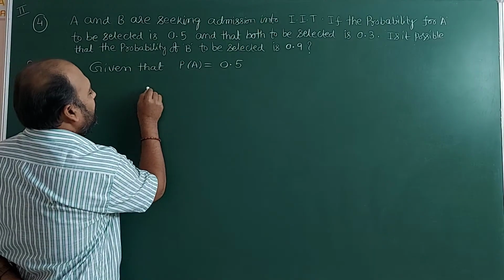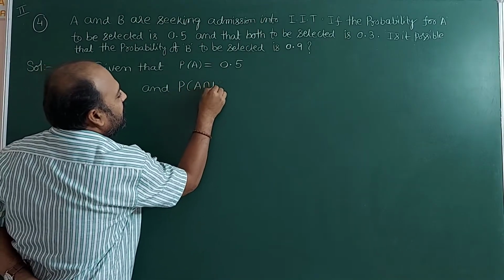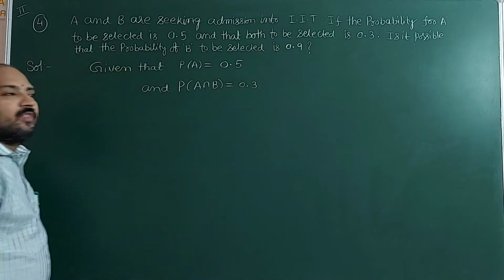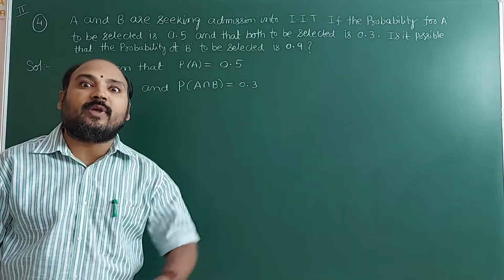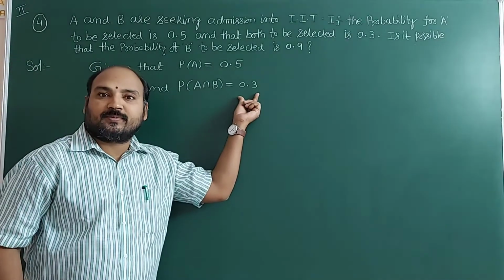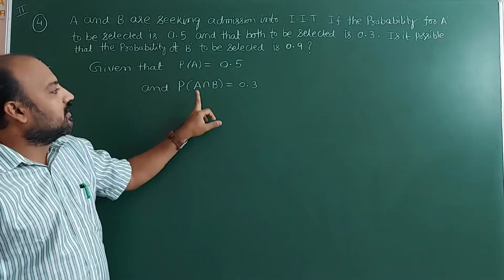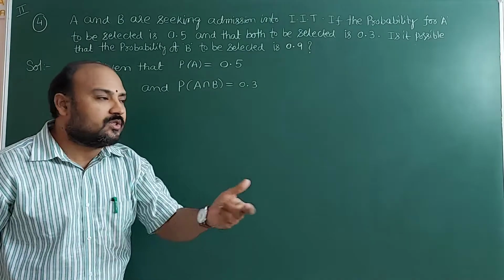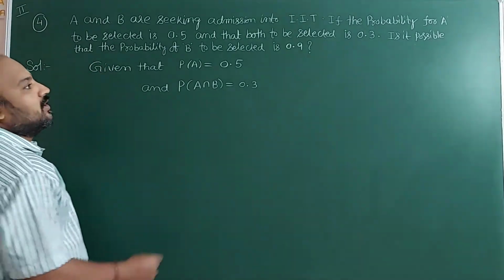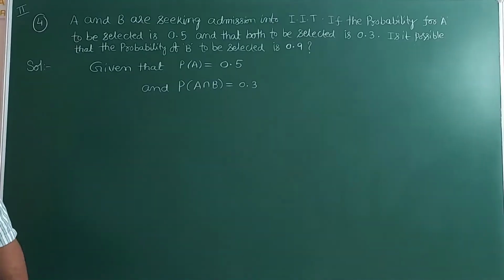So also given P of A intersection B is equal to 0.3. P of A intersection B is given as 0.3. The probability of selecting both is A intersection B. Whenever both is there, it is the probability of A intersection B. Next, whether the probability of B is 0.9 or not, we will verify.